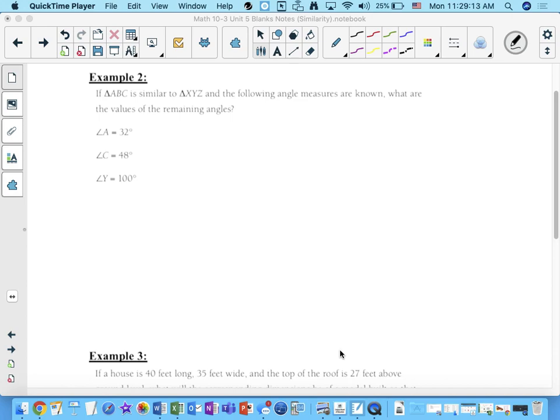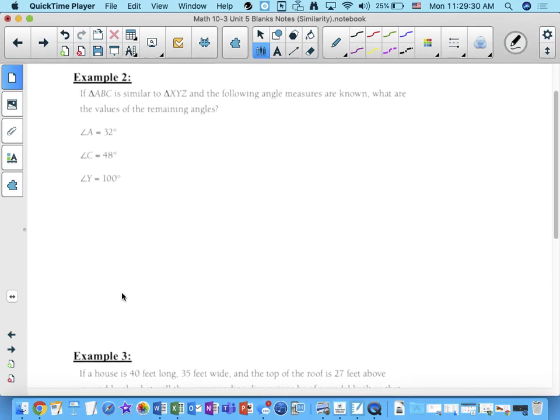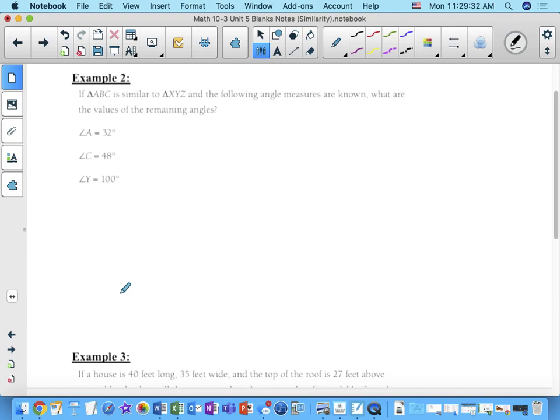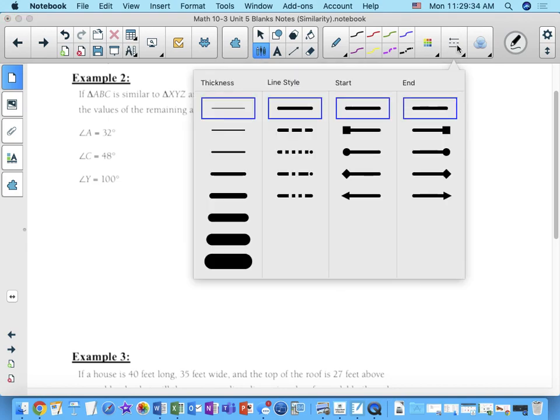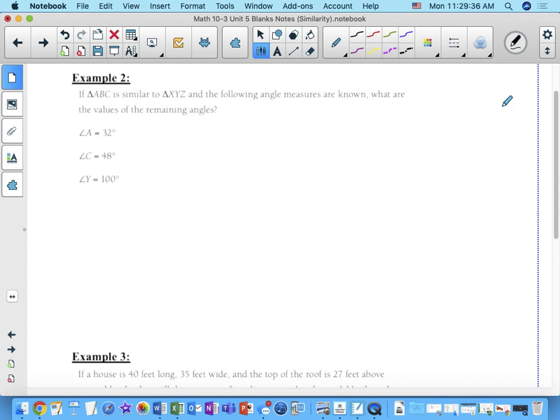When you're told that shapes are similar, you need to know that. Also, when you're naming similar shapes, which we're going to get into later this week, you also need to know that. Okay? Now what I would do here is kind of draw it. We're given two angles. So when I'm given angle A and C, what I like to do is draw like a, whoops, I don't want that. I want this. Okay, there we go. I'm given A and C. So I draw those along the horizontal.